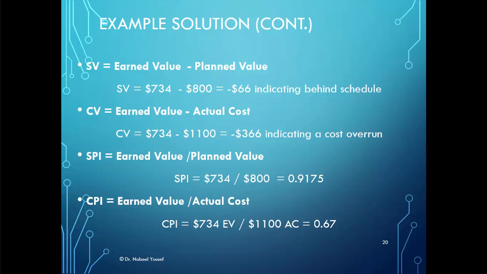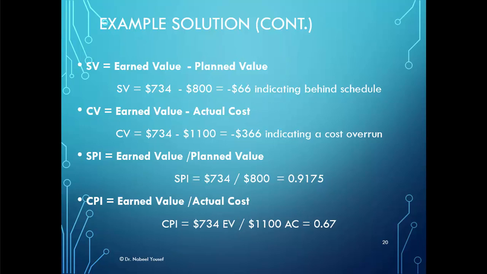One of the other things managers can use to measure project performance are the schedule and cost performance indexes. The schedule performance index is equal to earned value divided by planned value, which is $734 divided by $800, which is equal to 0.9175.